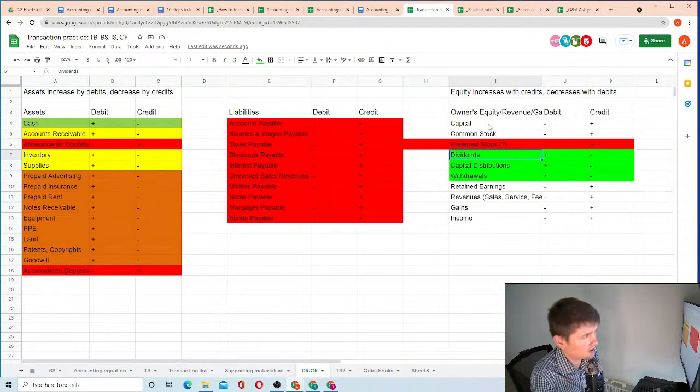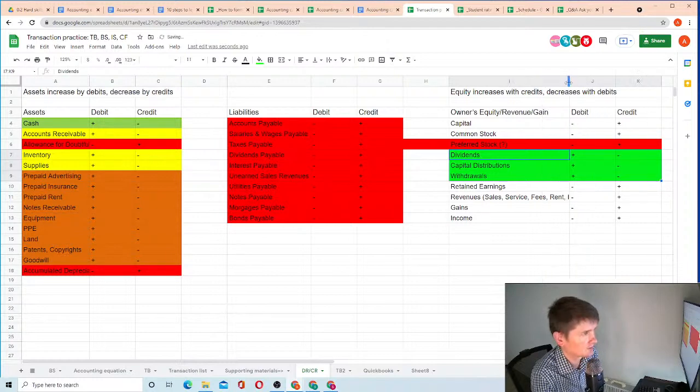It can get a bit complicated because when we do owner withdrawals or capital distributions or dividends, it will be kind of contra equity accounts, and it will have the opposite properties compared to other equity accounts.